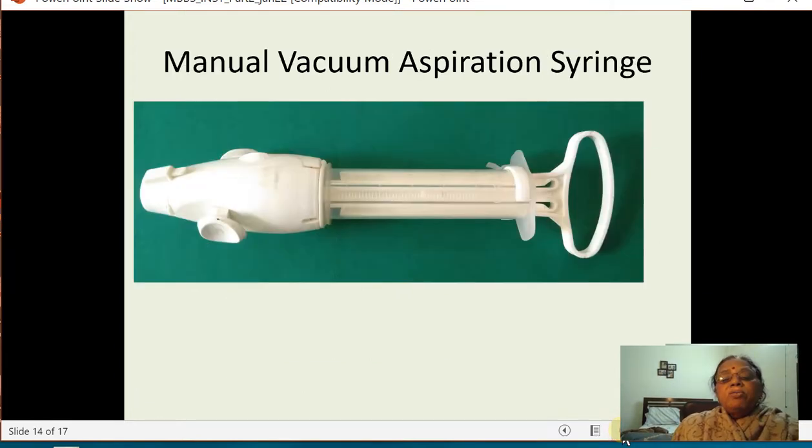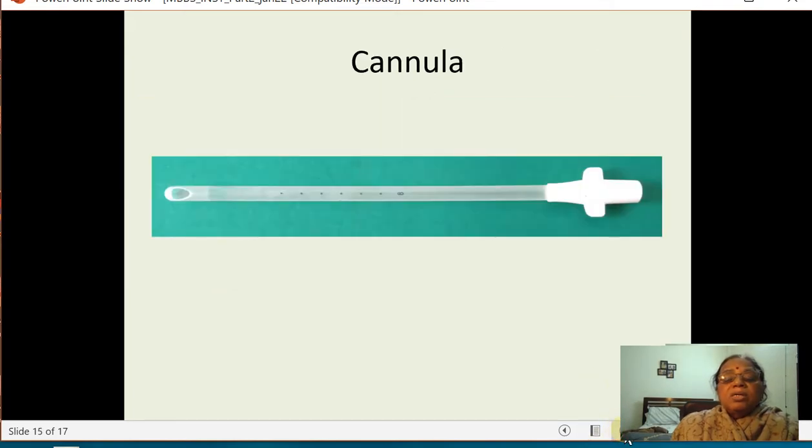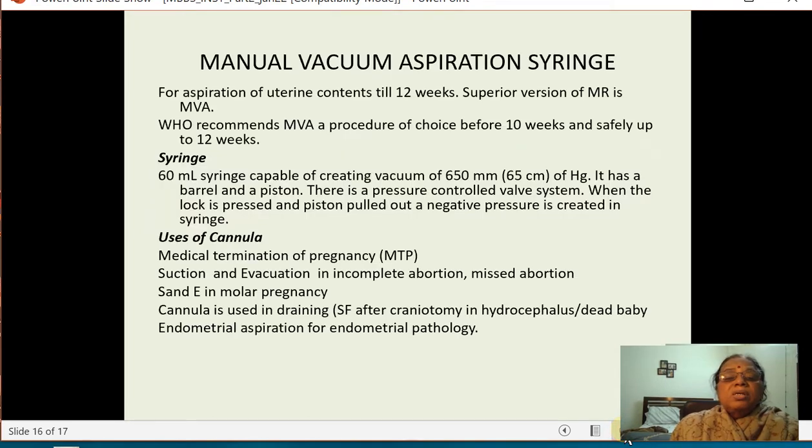This is a manual vacuum aspiration syringe. This is the cannula of the syringe. Now, the manual vacuum aspiration syringe is used for aspirating the uterine contents up to the size of 12 weeks of gravid uterus, and this is recommended even by the WHO for safe abortion of 10 to 12 weeks of pregnancy.